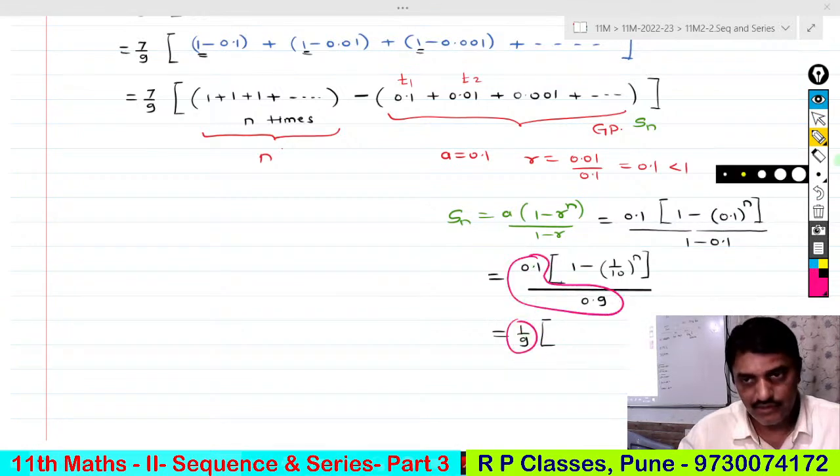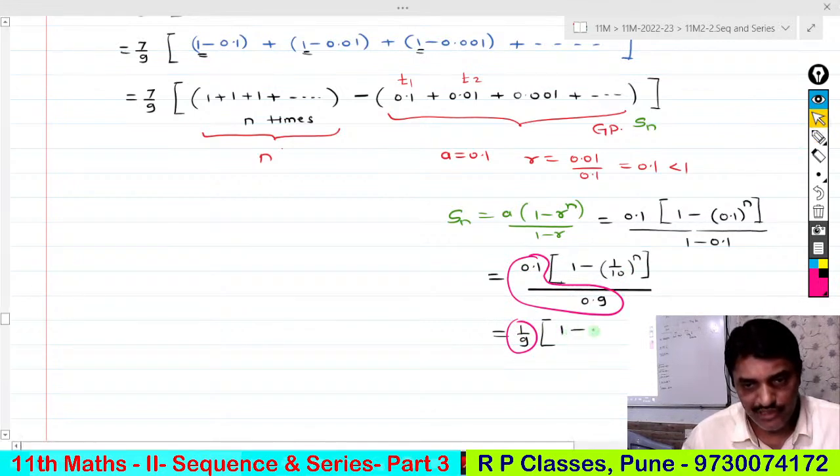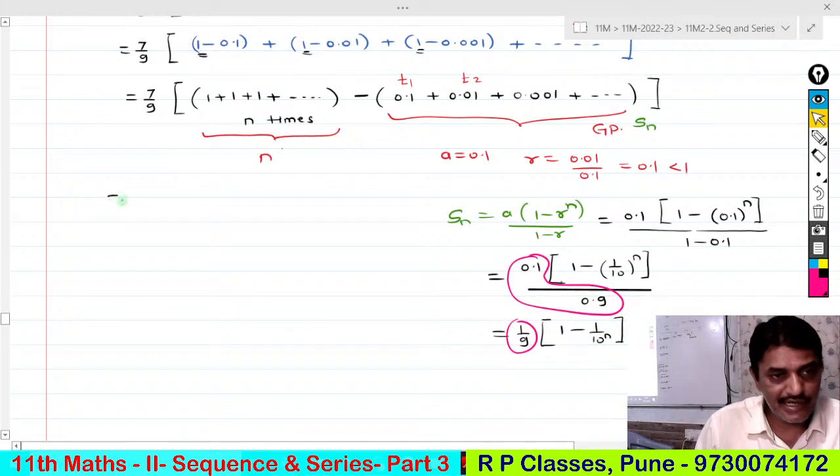Is this correct? And this 1 minus 1 raised to anything is 1 upon 10 raised to n. So this is what we get as the second bracket, so altogether we get 7/9 inside the big bracket.